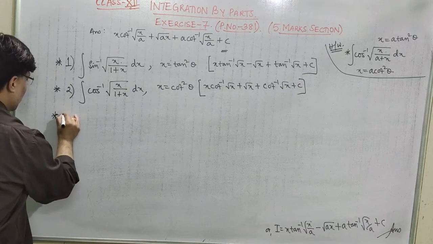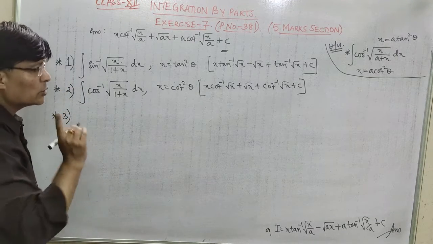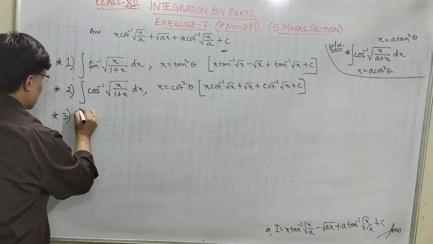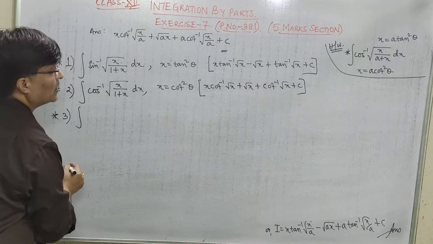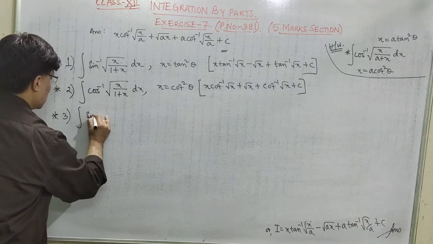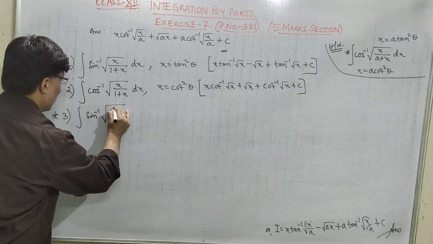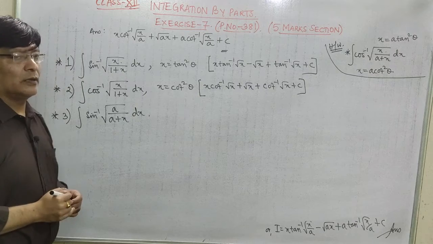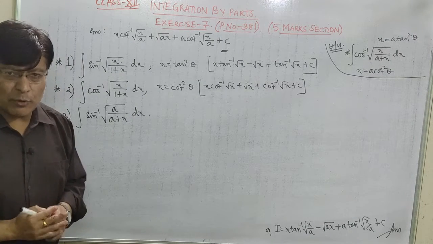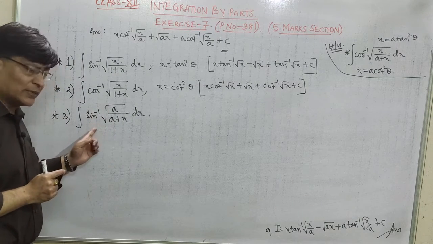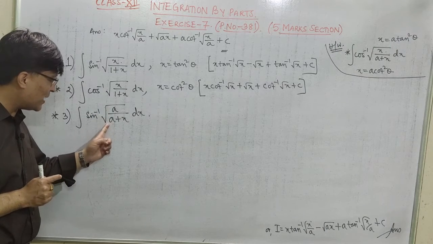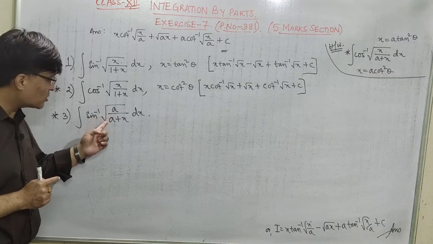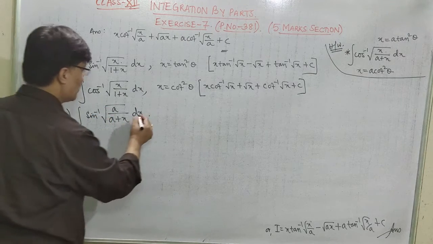Next, number 3. So number 3 will be your integration of sine inverse root over, you may have a upon a plus x dx. In the question given in the book, you had a question like this: sine inverse root over x upon a plus x. x was here, but instead of x there is a now. So a is constant out here. So what should you put for x here?